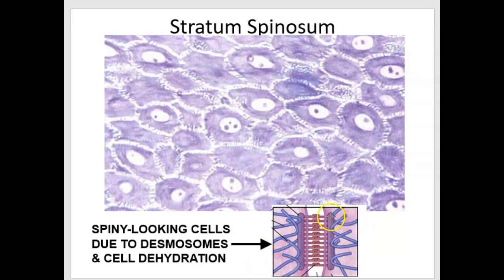And if you remember, desmosomes have many membrane proteins that keep the cells together, okay? So the desmosomes remain between the cells. They're so strong, they're not broken. But the cells shrink when they're dehydrated, so you can see the desmosomes. That's what makes the stratum spinosum appear spiny looking. In this region, there are also dendritic cells that can do phagocytosis of any kind of foreign pathogen.